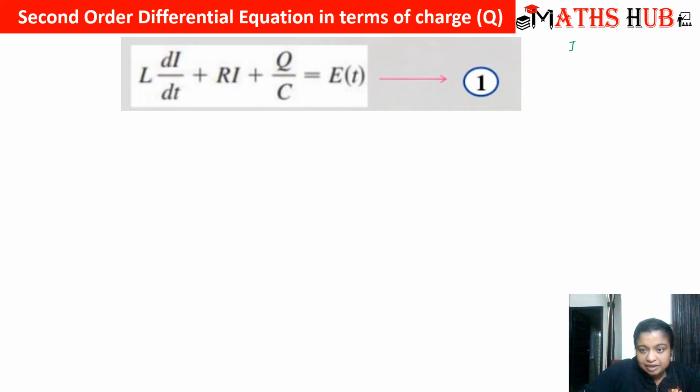So we have seen that I is equal to dq by dt, right? So here in this equation, if I replace I with dq by dt, what will I get? I can see the first term becomes L d by dt of dq by dt plus R into dq by dt plus q by c is equal to E, right?